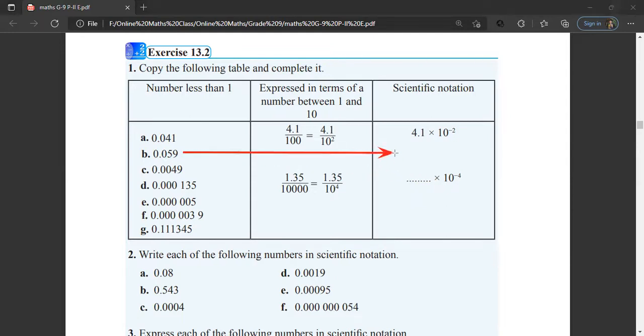So you can directly give me the answer for this. What can be the answer here? 5.9 into 10 to the power minus 2. Right, very good. Next one.